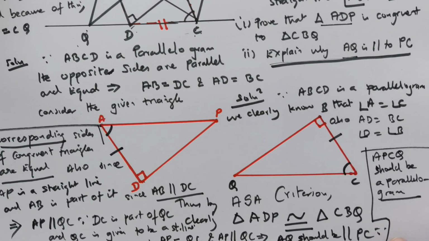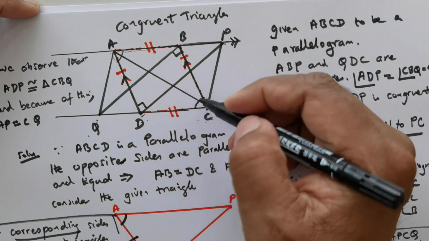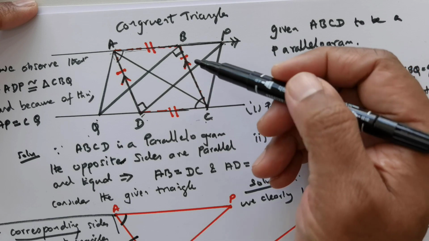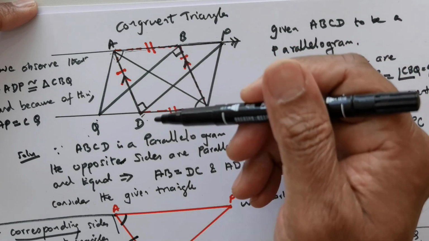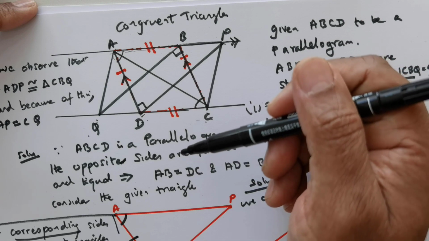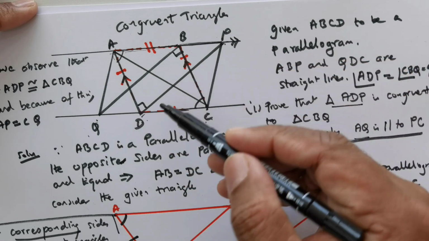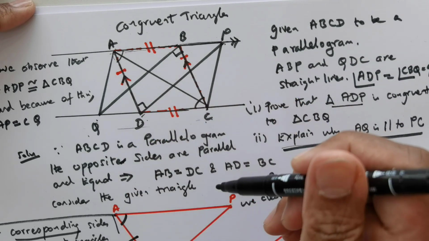The rationale for this claim is there are two triangles which are present inside and they are congruent. Now, because they are congruent, their corresponding sides should be congruent, should be equal, right? So that is the first claim. So clearly we have shown that AP and QC are equal.